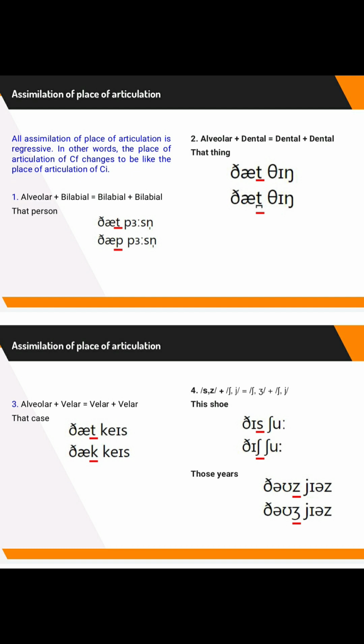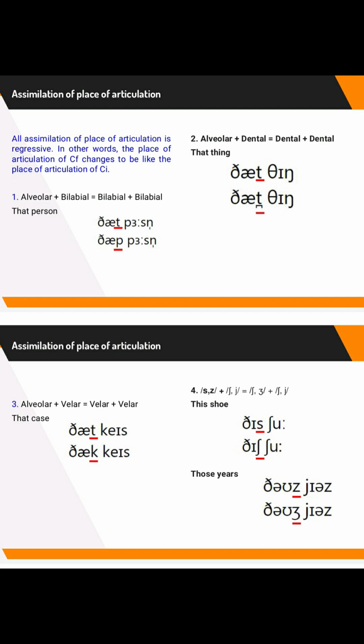2. Alveolar plus dental. If CF is alveolar and CI is dental, the alveolar CF changes to be dental, like the dental CI. So that thing becomes that thing. 3. Alveolar plus velar becomes velar plus velar.